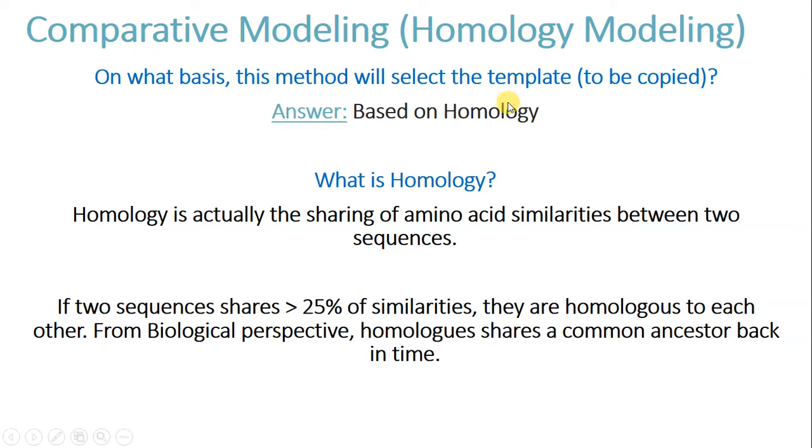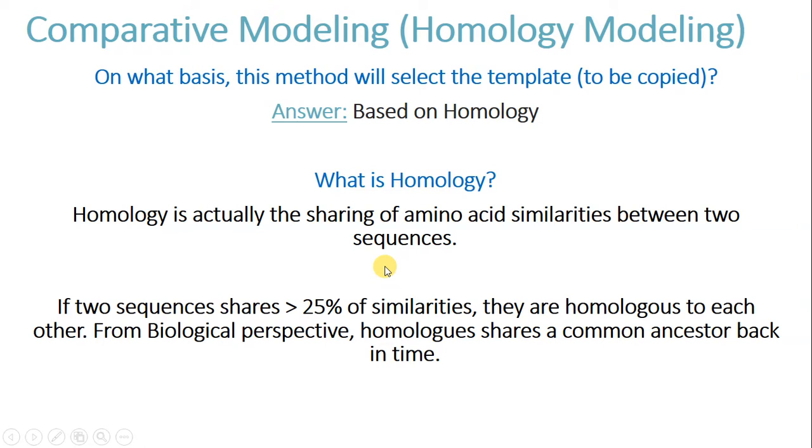The rule is homology, and that is why the methodology is also called homology modeling. But what is homology? If you don't know, you should know what homology is. Statistically speaking, homology is the sharing of amino acid similarities between two sequences.